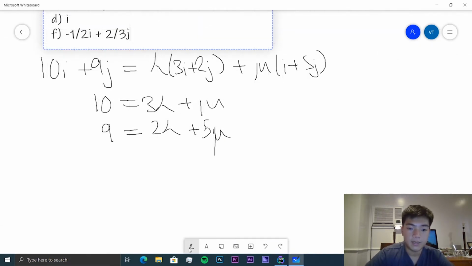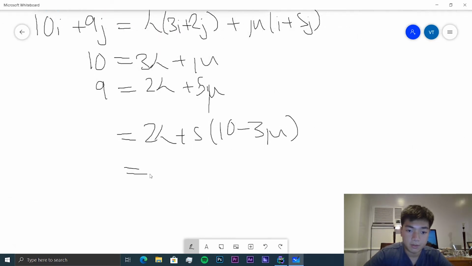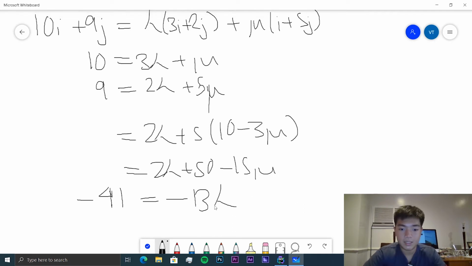So you can rewrite this as 2 lambda plus 5 times 10 minus 3 lambda. So this is equal to 2 lambda plus 50 minus 15 lambda. So we have 50 minus 9, negative 41. It's equal to negative 13 lambda.